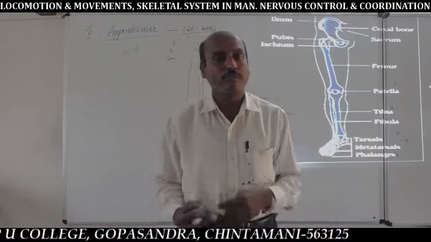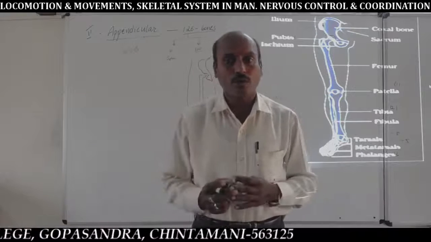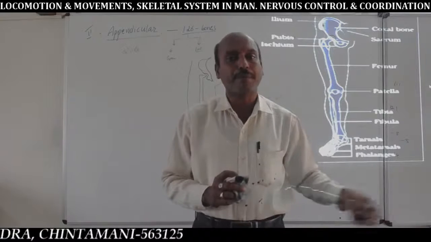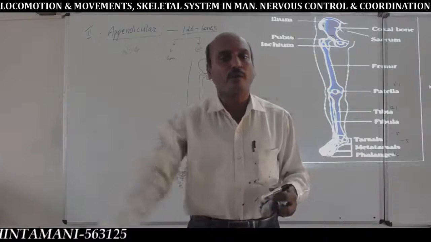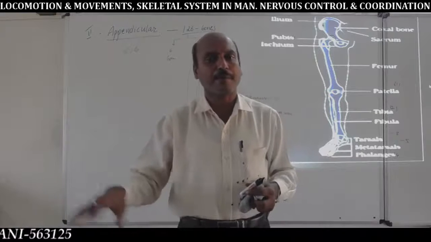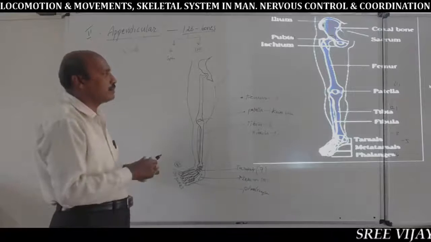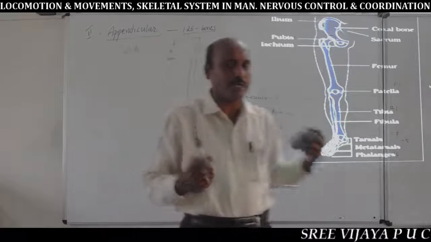Without joints, there is no locomotion of the body from one place to another or movement of body parts. That is the most important functional aspect of the different types of joints.